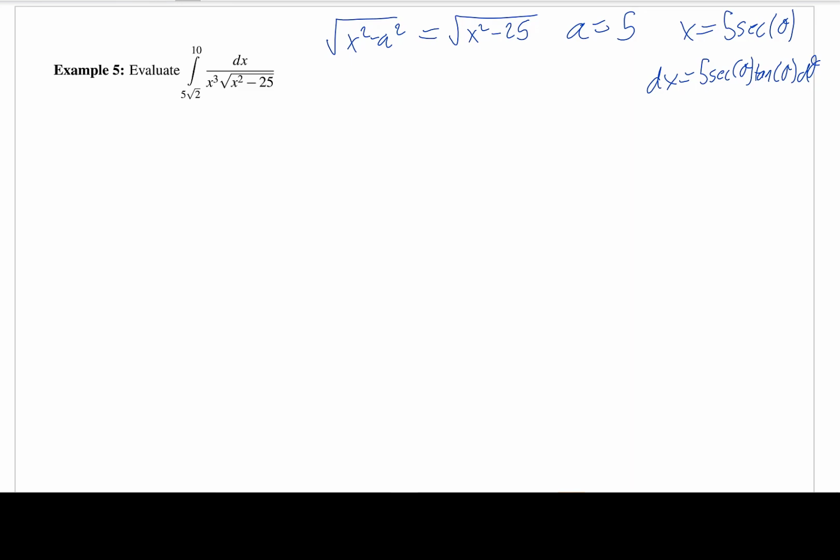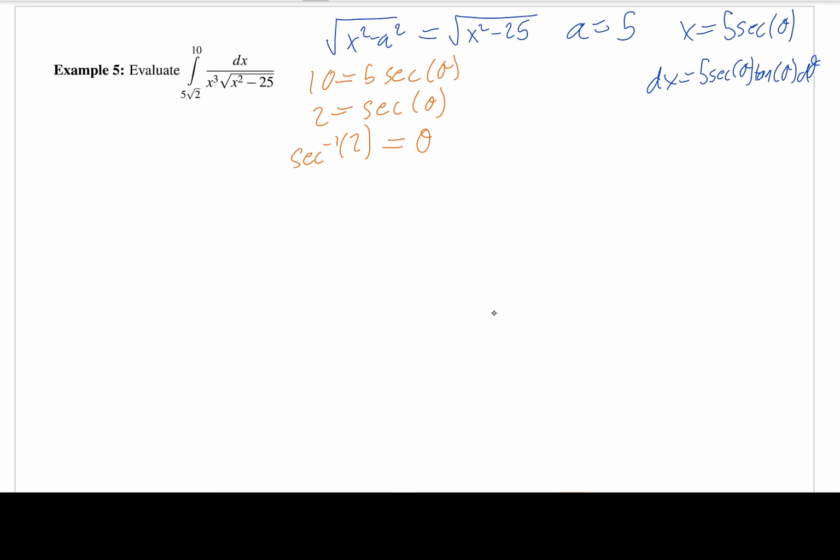So we should have 10 equals 5 secant theta. So that will give us 2 equals secant theta. So we'll have secant inverse of 2 equals theta.